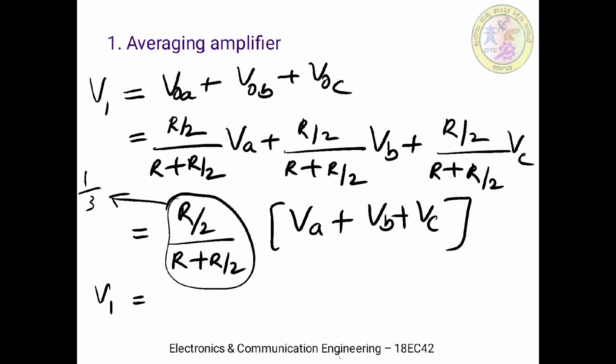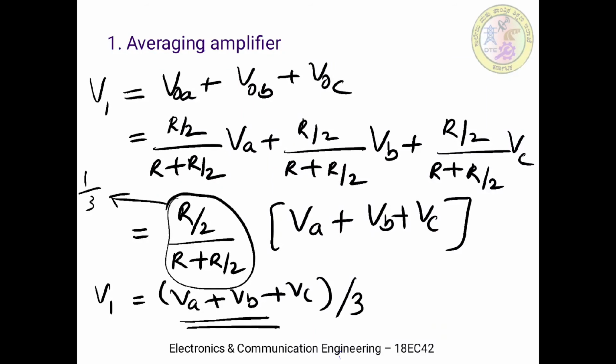So therefore V1 will be equal to (VA plus VB plus VC) divided by 3. So this is what V1 is, that's all.